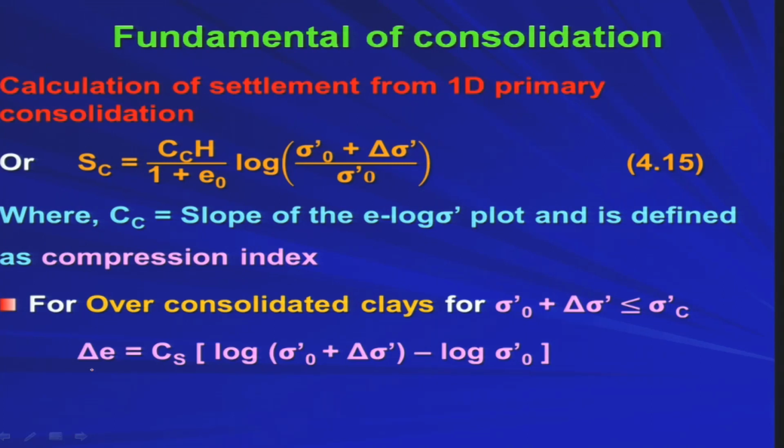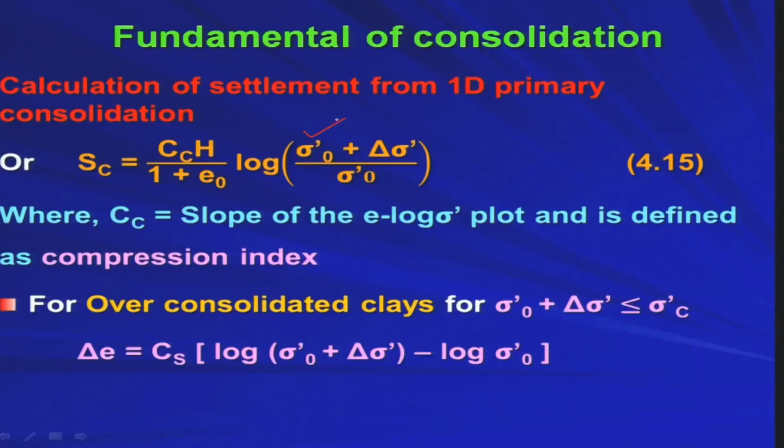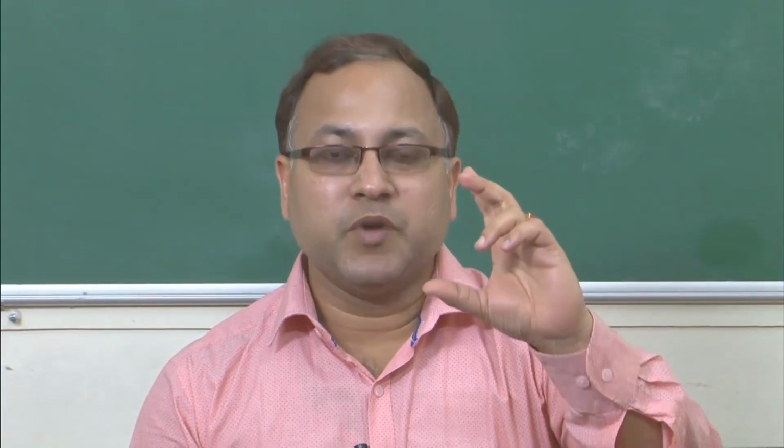So in case of normally consolidated soil, to find the 1D primary consolidation settlement, you need to know the initial effective stress and then the stress after incremental load, because you are finding the settlement for some increment of load or pressure.